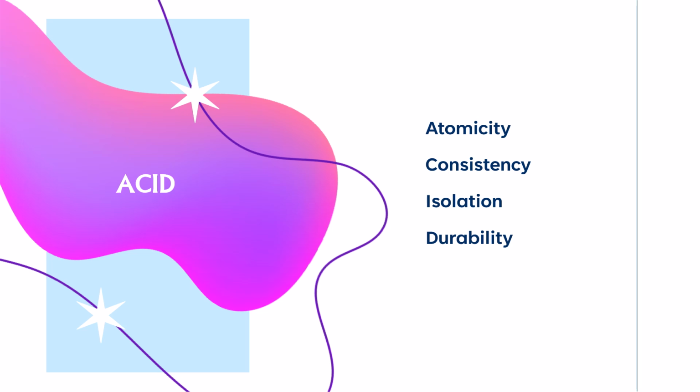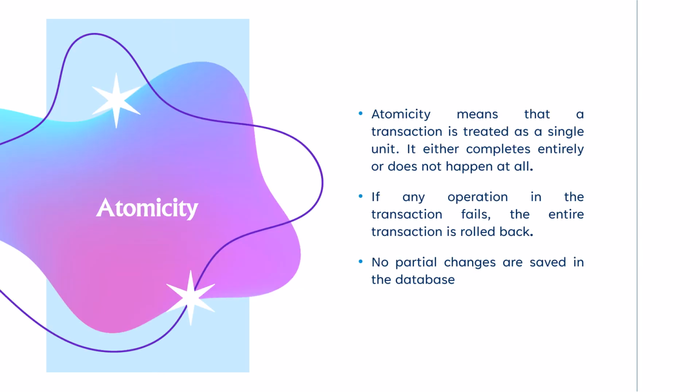And durability is about the durability of data, meaning once the data is saved, it stays saved even in a hardware or network failure case. These rules all help databases stay reliable. So let's have a look at each of these principles one by one.